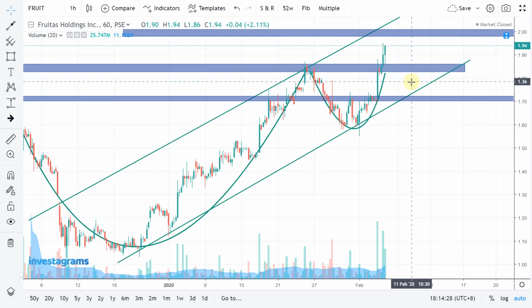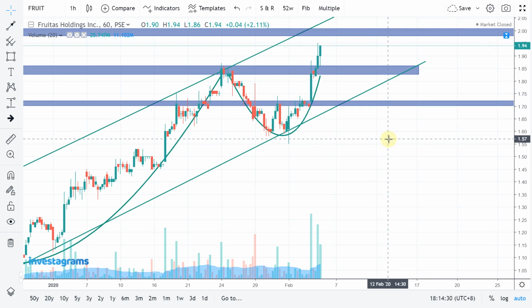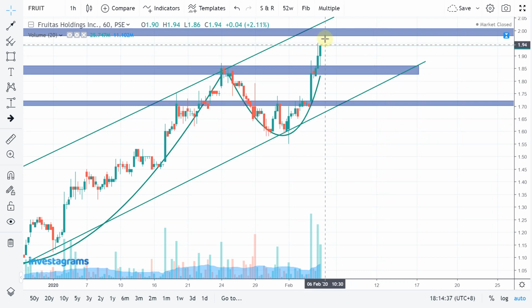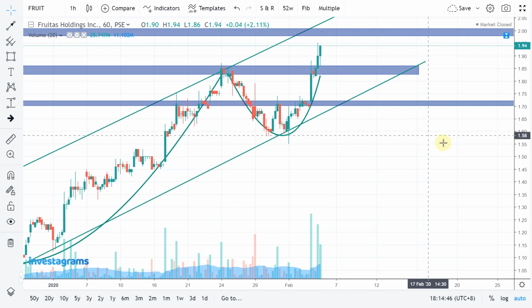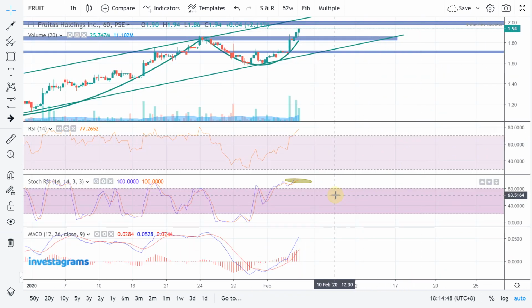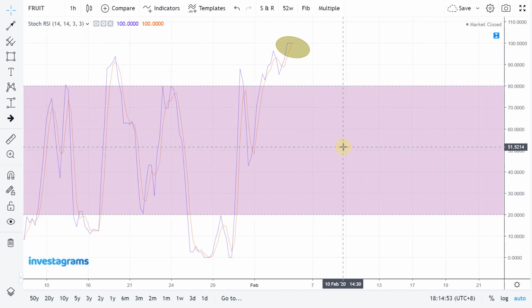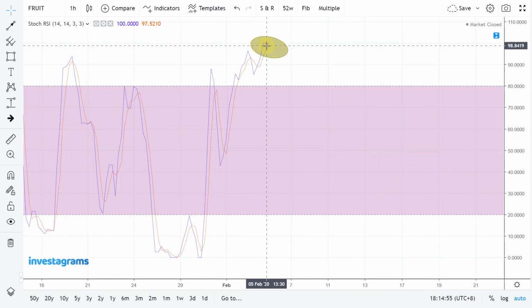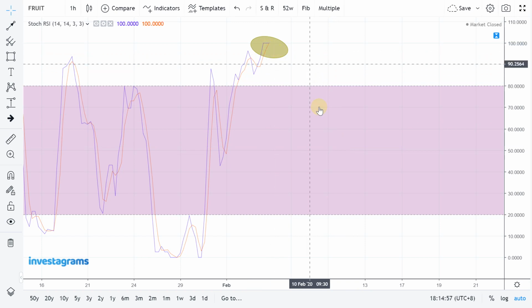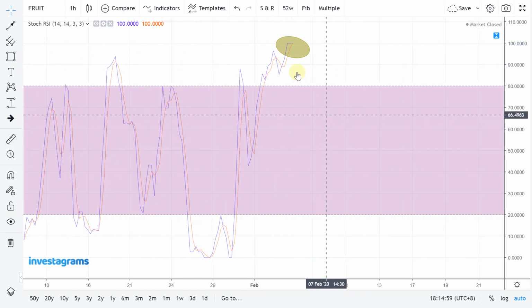Even though mas malakas yung buying momentum natin, possibly tatama muna dito sa may first resistance natin bago buhusan to. Same sa ating stock RSI. So nagpi-flip na tayo guys, ibig sabihin bearish na tayo sa stock RSI. So possibly mag-consolidate na nga to.